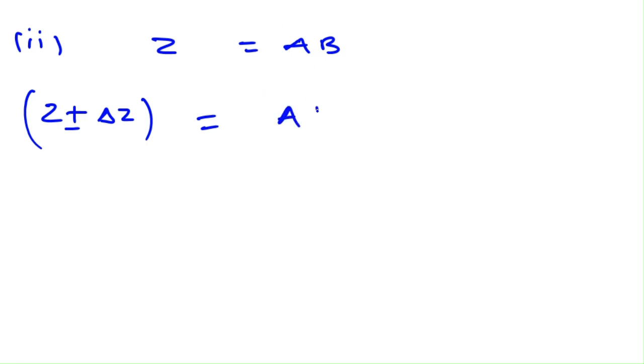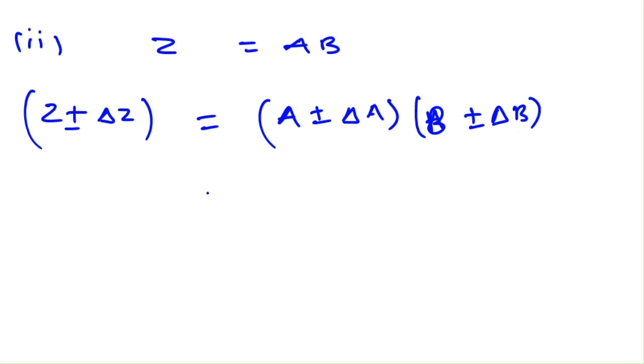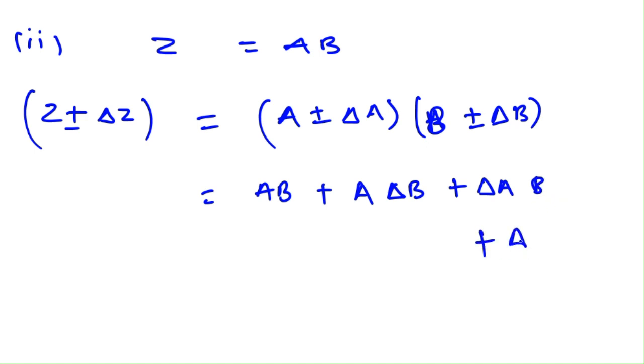So A along with its error estimation is A plus minus delta A, multiplied with B plus minus delta B, and then we can write AB plus A delta B plus delta A into B plus delta A into delta B.